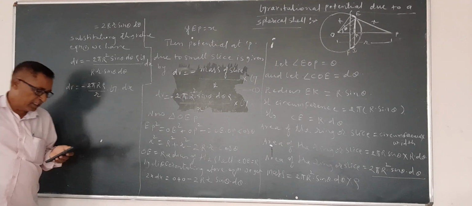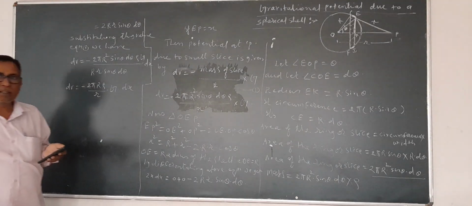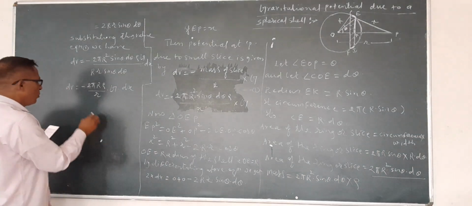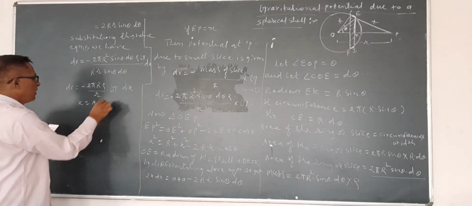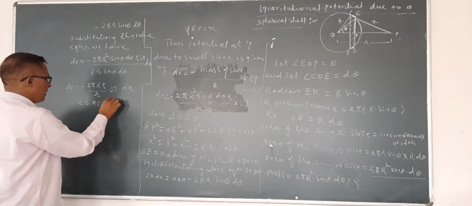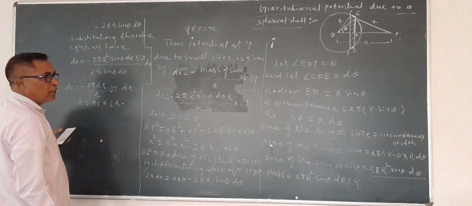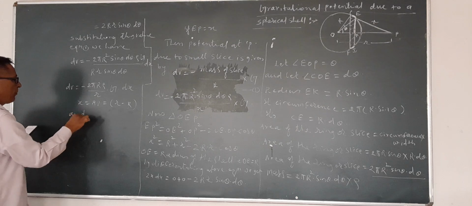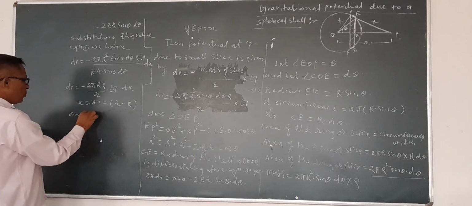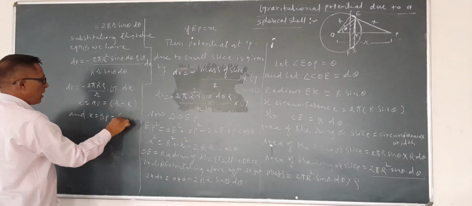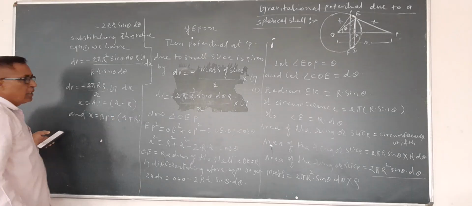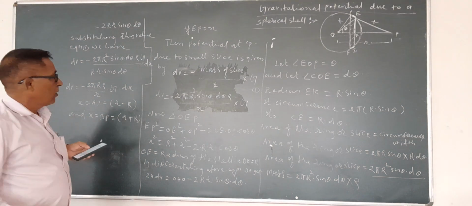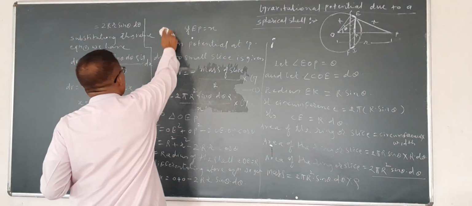Now, integrating this between the limits, x equals AP, that is r minus R, and x equals BP, r plus R. This is the upper limit and lower limit for integration.